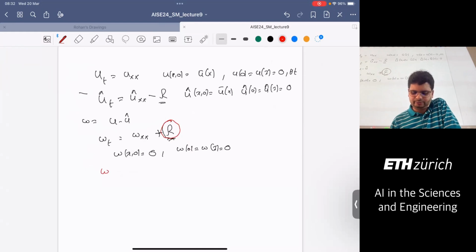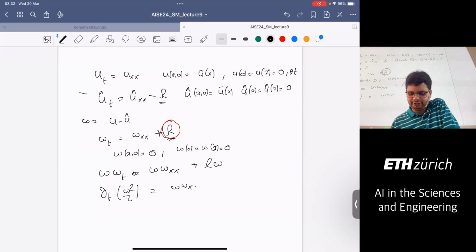So all that I do is I multiply by W, let me take black. W W_t is equal to W W_xx plus R W. This is, I just multiplied. Then I know that this is nothing but d_t of W squared over 2 is equal to W W_xx plus R W, nothing fancy.